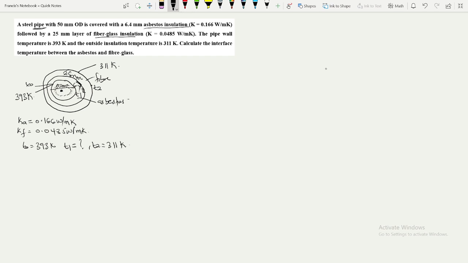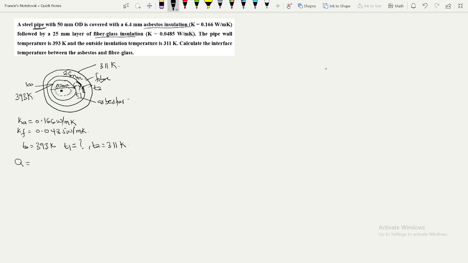We want to find the interface temperature, but before we can get it, we should know the actual heat transfer. We can relate the heat transfer from this point to the outside to be the same as that from here to here, and that can help us find our T1. So we first have to find our Q.